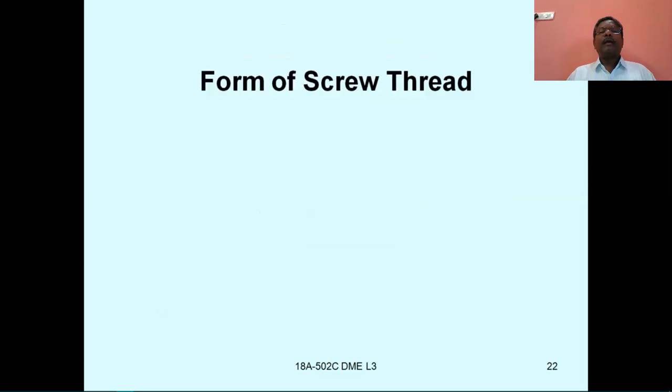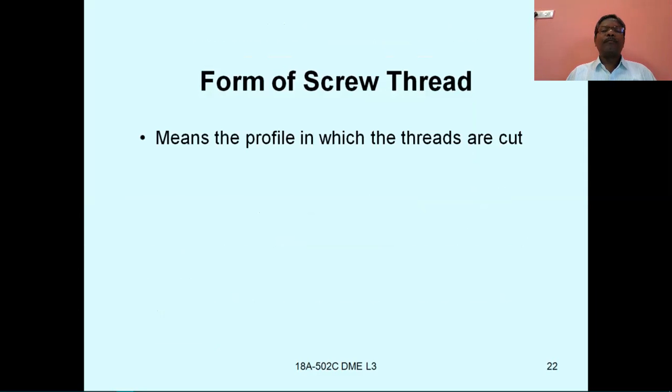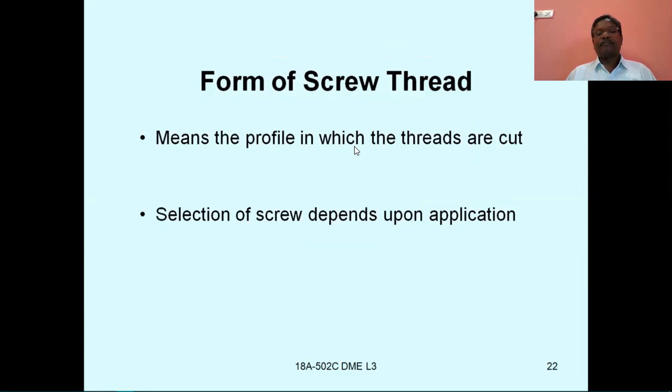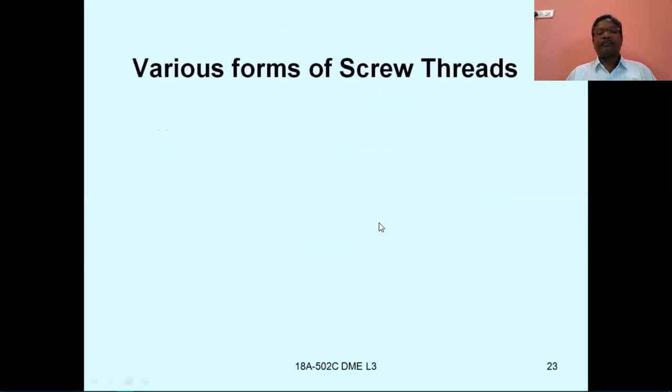Now let us see the forms of screw thread. Forms of screw thread means the profile in which the threads are cut. The selection of screw thread depends upon application.